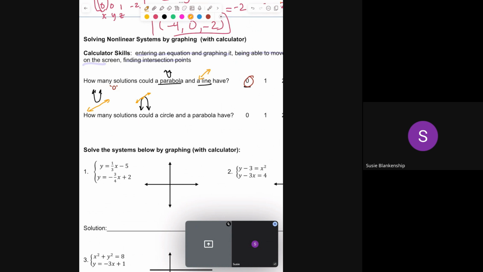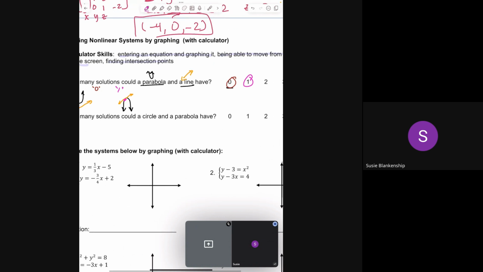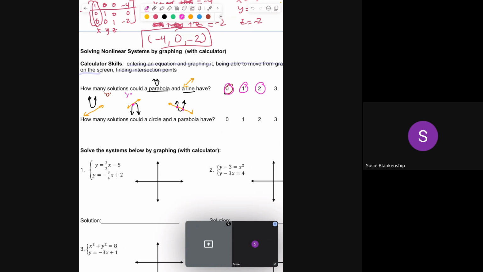That means I have one intersection. And the last one is to have 2. If I graph a parabola and here's my line, it's going to intersect here at 2 spots. So 0, 1, and 2 possibilities.